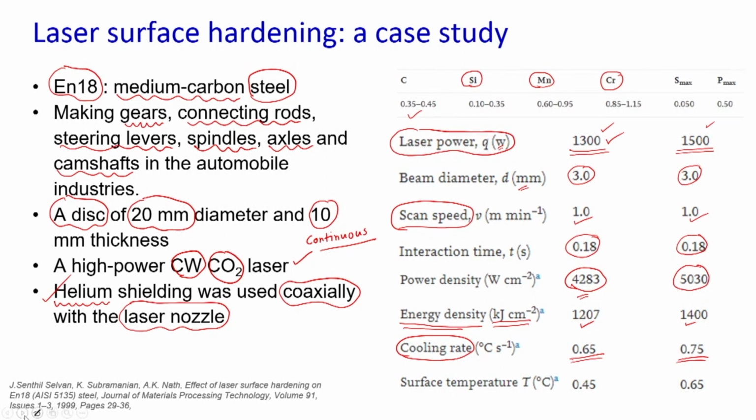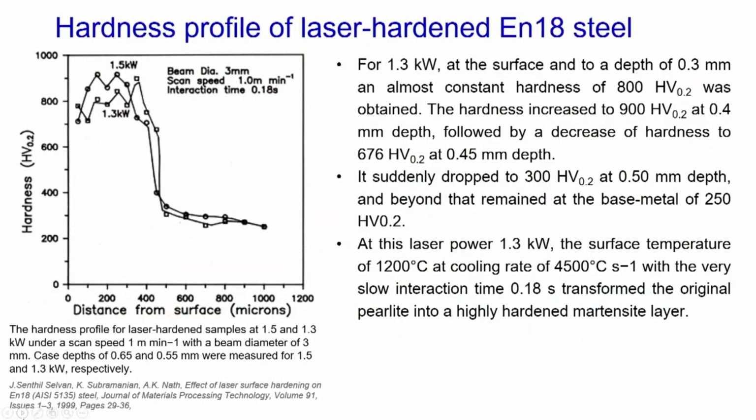Fine. Now, let us see what various results were obtained during this laser surface hardening. As we have seen in our previous class, in laser surface hardening we are carrying out controlled heating of the work part, and that is also rapid, and then natural cooling due to the surrounding medium.